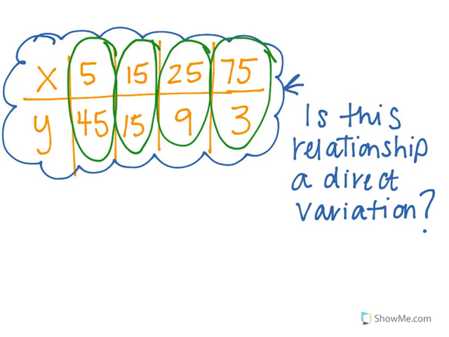If they stay constant, then it's directly related, or it's a direct variation.